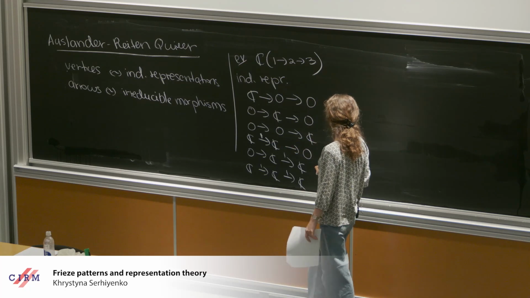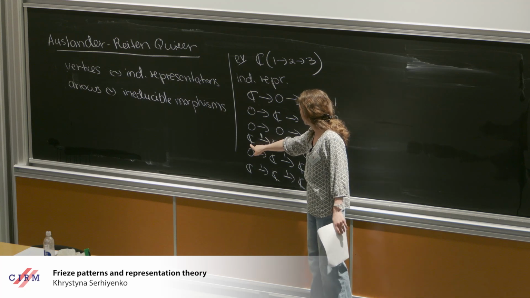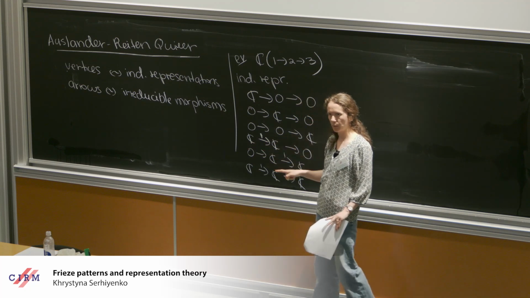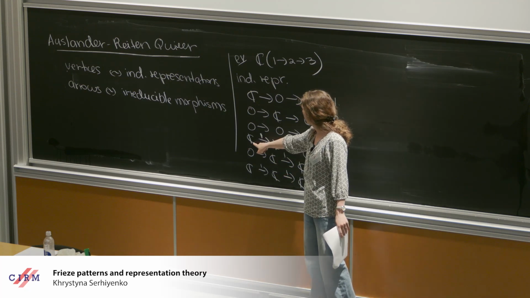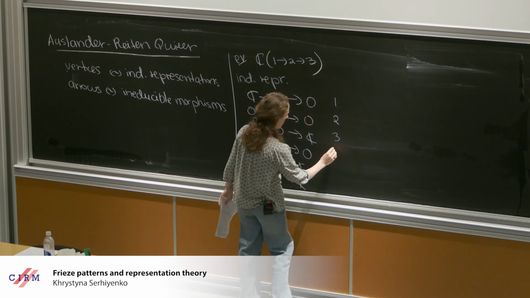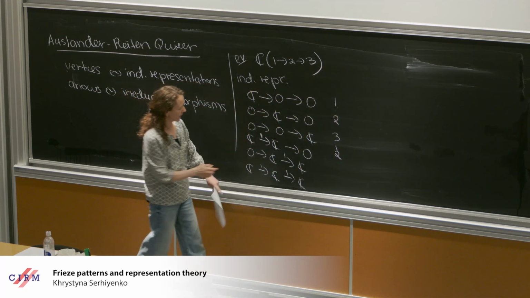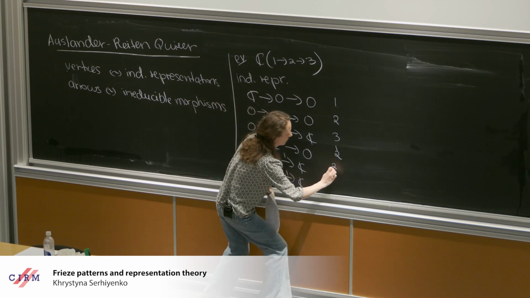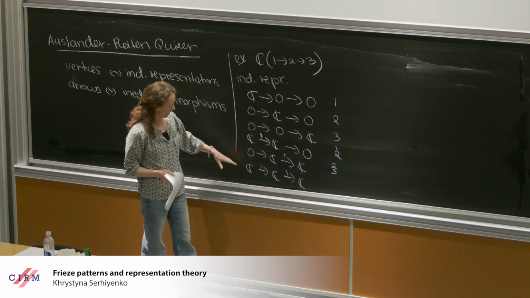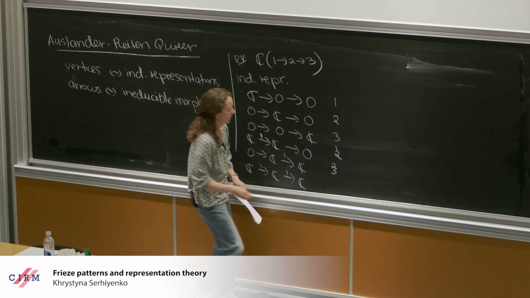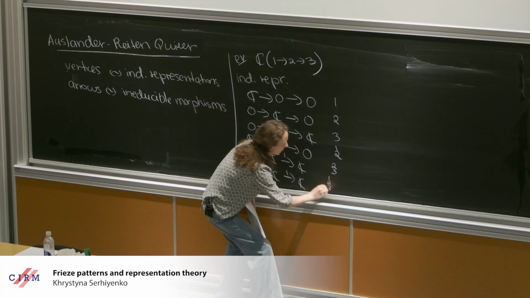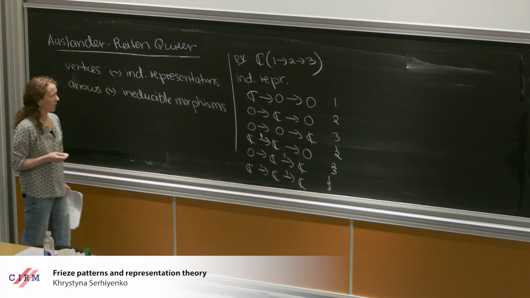This is a 3. Now here I have copies at vertex 1 and 2, so I'm going to have 2 numbers here, 1 and 2. Because there's an arrow from 1 to 2, I'm going to stack them vertically, 1, 2. Here the same, this is 2, 3. And the last one is 1, 2, 3, and they stack one on top of the other. Okay, so that's my shorthand notation.